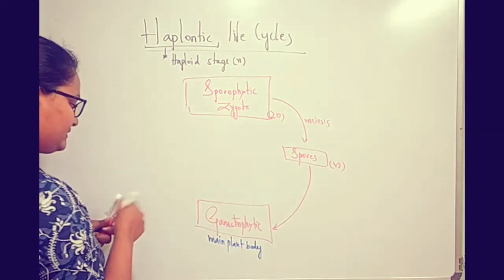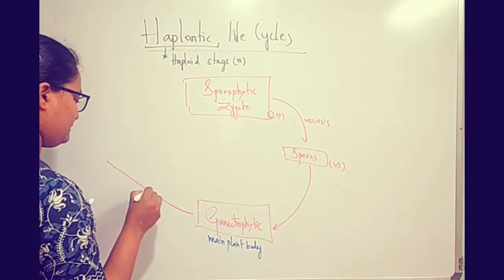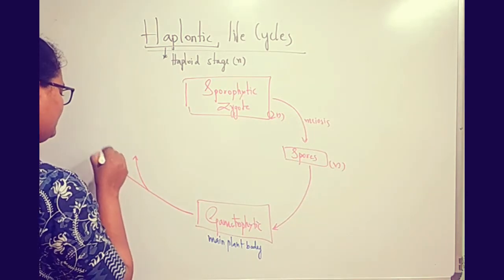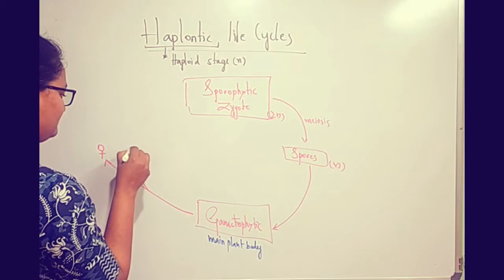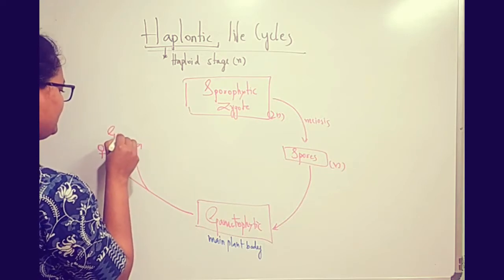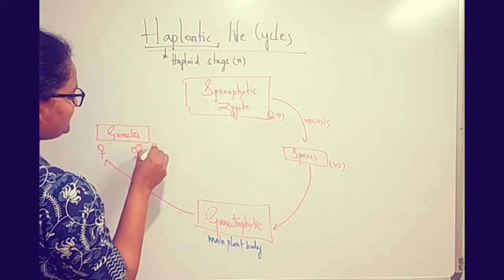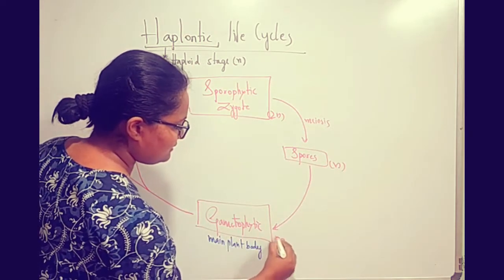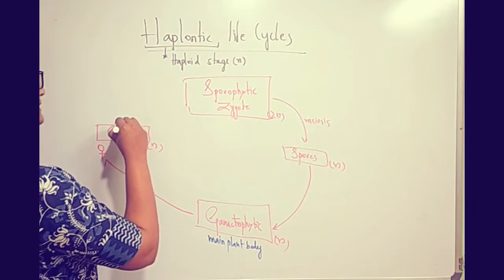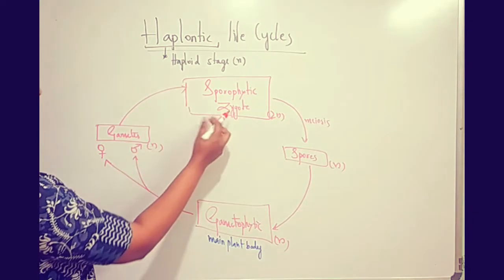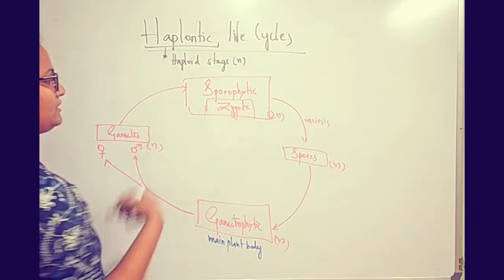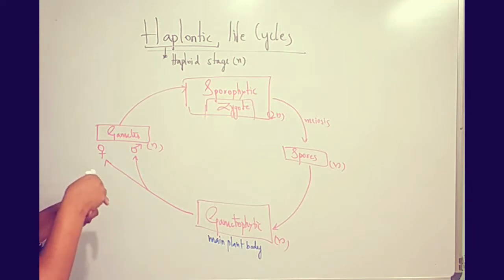Okay, after this we produce gametes, which is n. Again these gametes fuse and form what? Zygote. So here what happens?